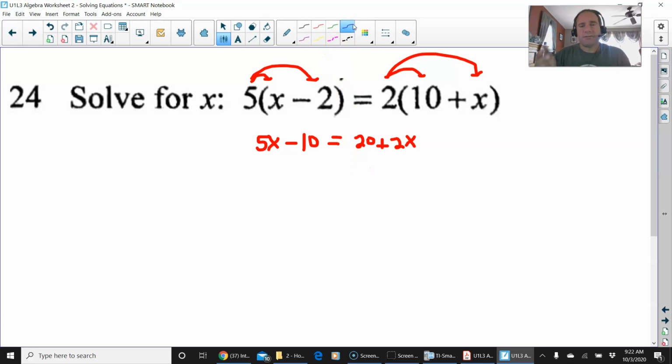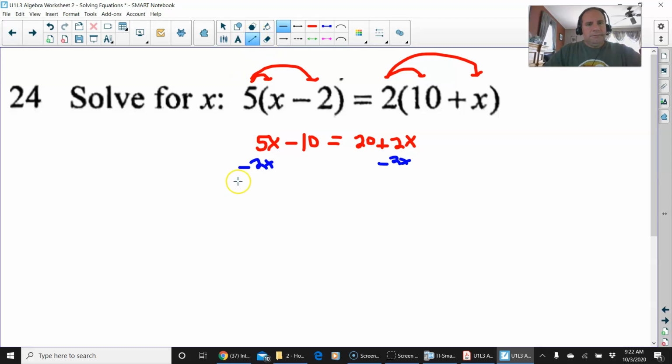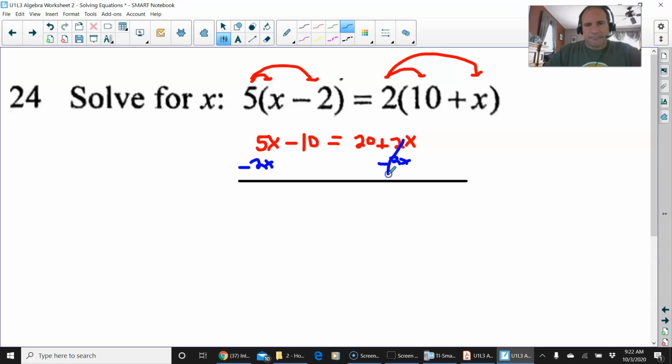So we have to get this smaller variable over to the larger variable. We have 2 terms on each side of the equal sign, so we know that we are ready to go, and we minus 2x on both sides. Okay. So 5x minus 2x is 3x, and we bring down the negative 10, we bring down that 20.